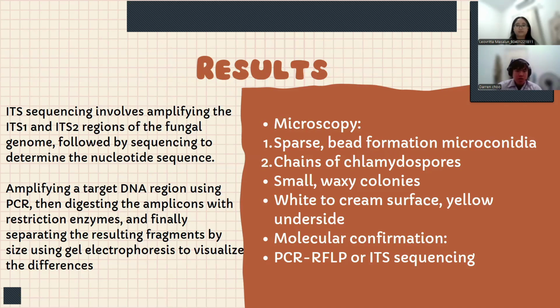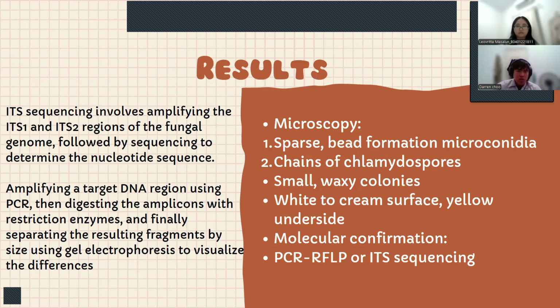Okay, so for the identification results, the final identification involves comparing both morphological and microscopic features. Trichophyton verrucosum is recognized by its sparse, irregular macroconidia and chlamydospore chains. This is in contrast to mentagrophytes, which produces spiral hyphae.